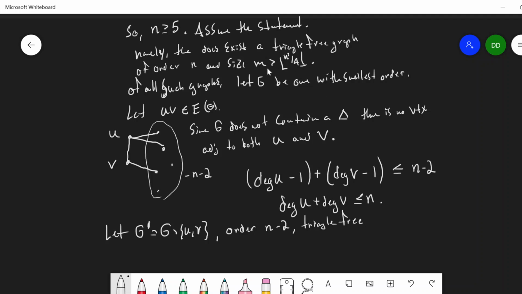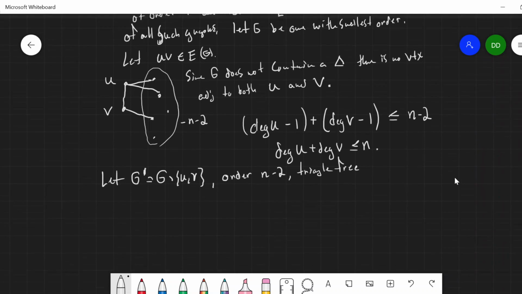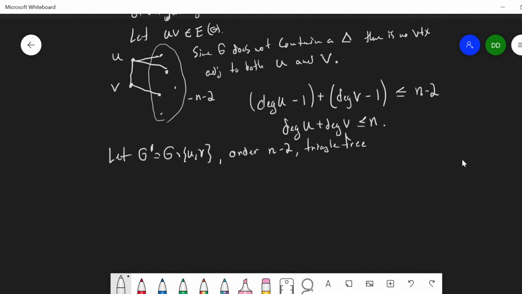So if I can just show that its size is big enough, then I'll have produced a smaller counterexample to the claim, which would contradict my choice of G as the smallest counterexample. That's the idea. That's how this proof works. So that's what I need to show.